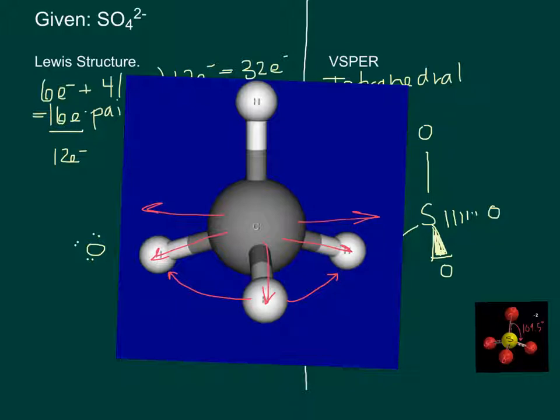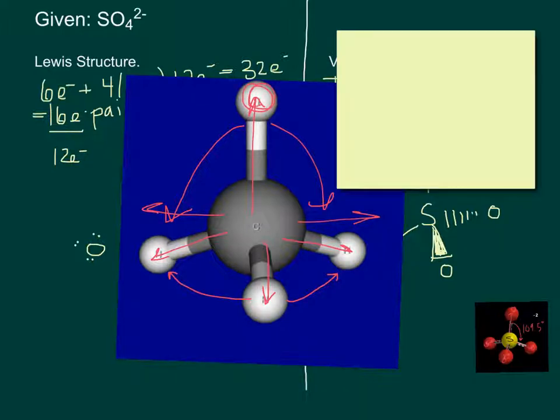The reason that these are bending away or down from the central atom when they could be arranged straight out is because of axial repulsion. So this is the axial atom right here. Imagine that you have two magnets.